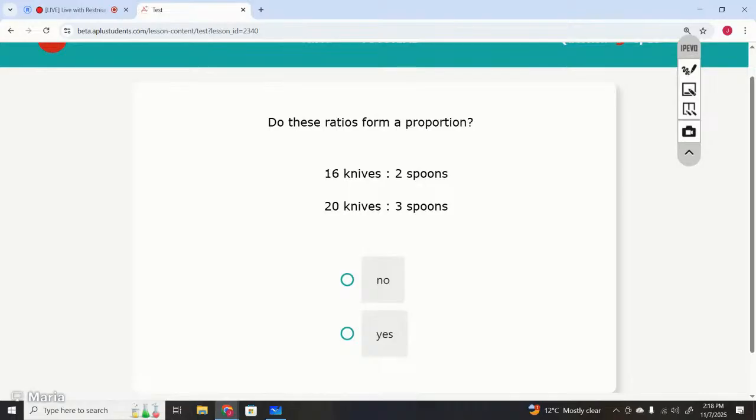Do the ratios form a proportion? 16 knives to 2 spoons and 20 knives to 3 spoons. So, which is the correct option?